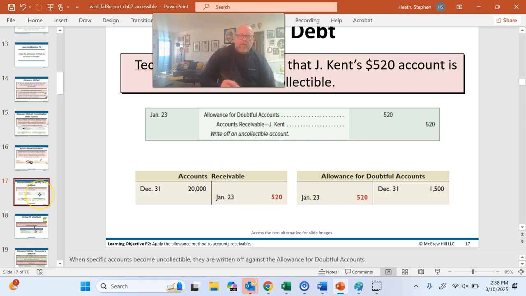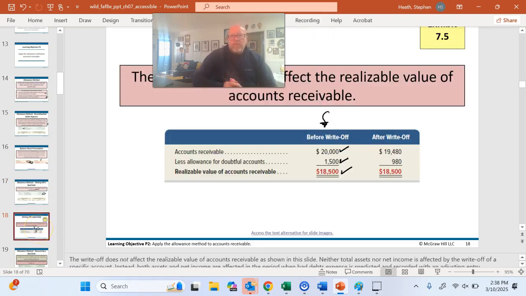Pretty sure in our book the write-off is 520. We're saying, hey, listen, Kent isn't going to pay us. We're going to write them off, 520. The point that I wanted to illustrate with the PowerPoint slides is that we are going to reduce accounts receivable by 520, and we're going to reduce the allowance for doubtful accounts by 520.